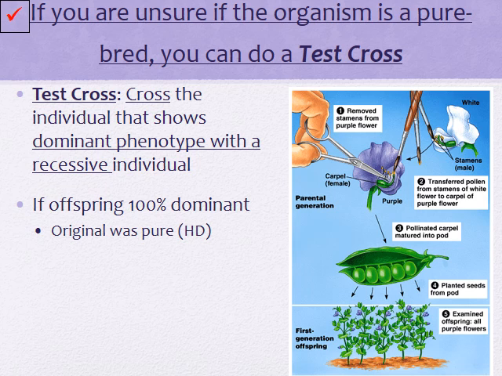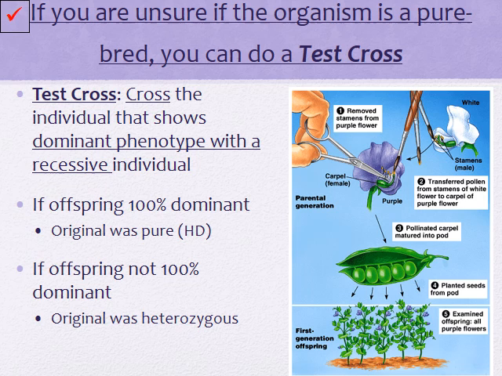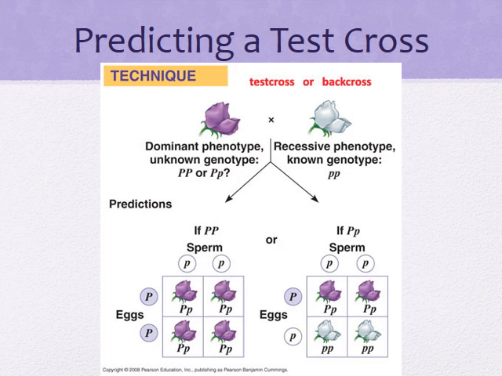If the offspring ends up being 100% dominant, the parent would have to be homozygous dominant, because all of the offspring would be hybrids. If the offspring was not 100% dominant, so you get a 50-50, that shows that the original was heterozygous.